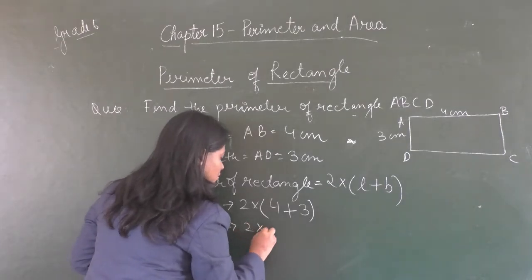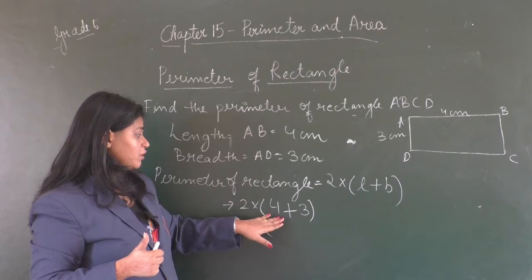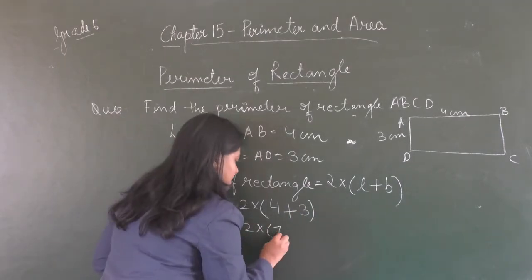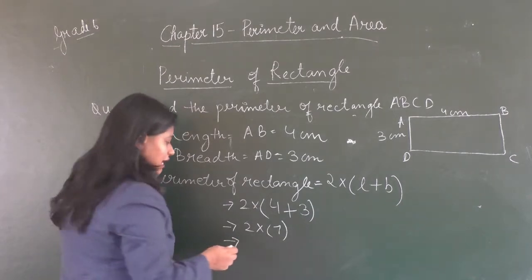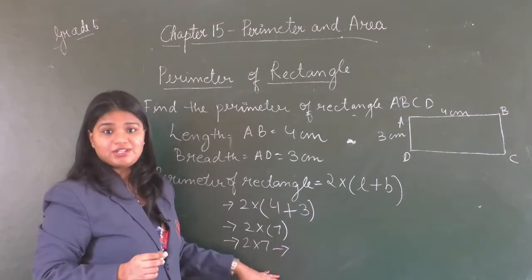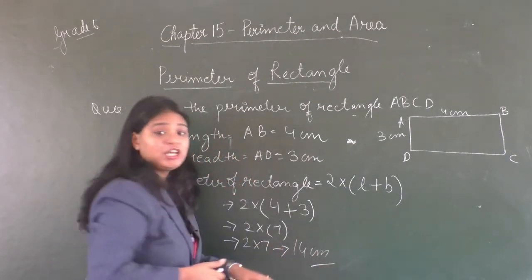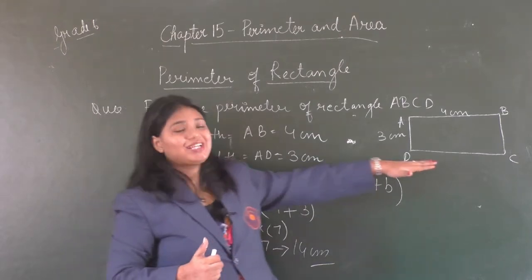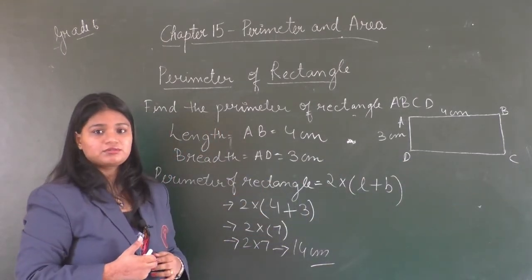So 2 into, first we will solve the bracket, the BODMAS rule. So 4 plus 3 is 7. Now we will remove the bracket and we will write 2 into 7. So what is 2 into 7? That is 14, and we will write the required unit. So the perimeter of rectangle ABCD is 14 centimeter.